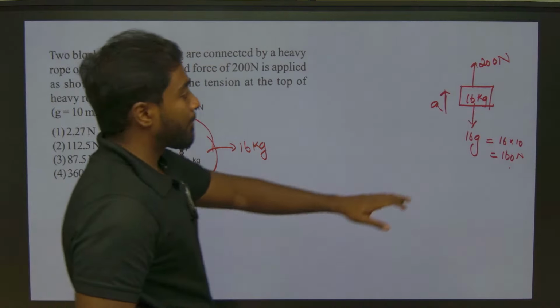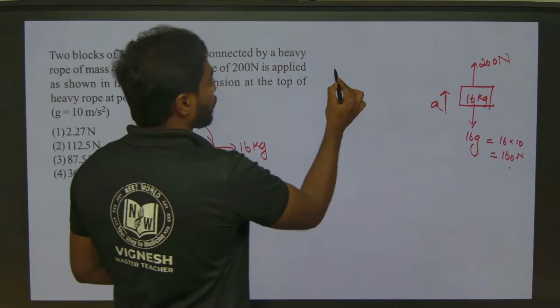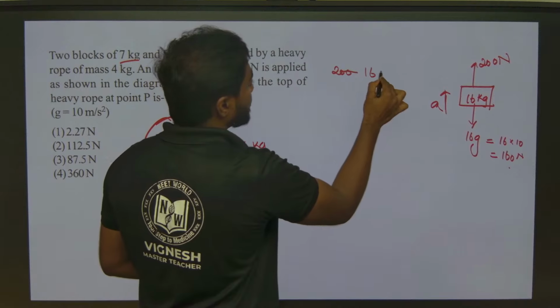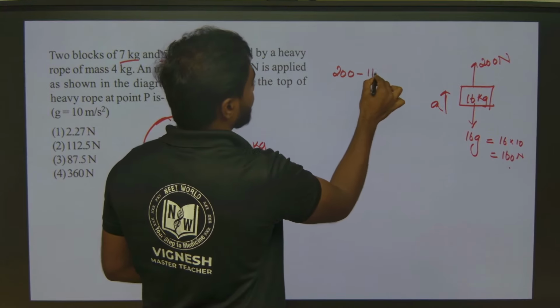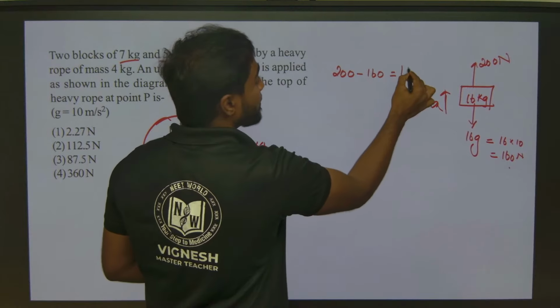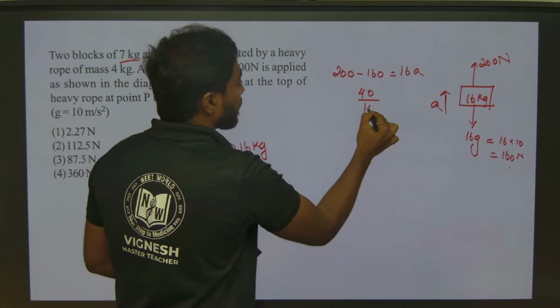So this will be my acceleration direction. Let me find the acceleration first. 200 minus 160 will be equal to 16a. So 40 by 16 will be equal to a.